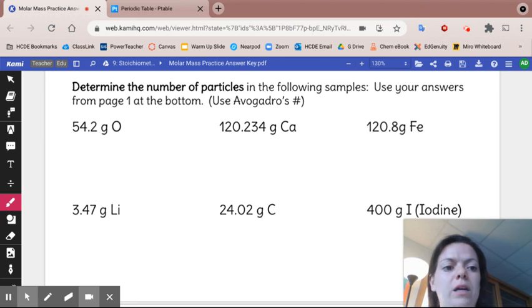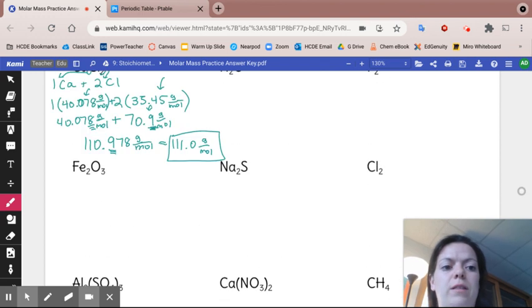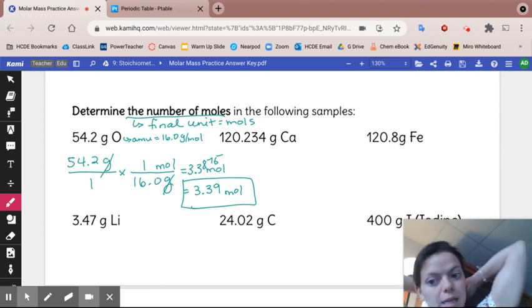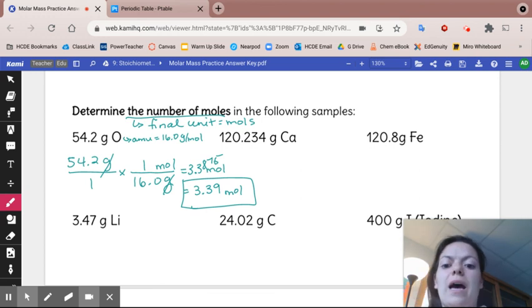Now, I remember at the bottom of my first page, we calculated the number of moles. So I already know how many moles there are in oxygen. I'm going to use that number and Avogadro's number to help me figure out how many atoms I have.